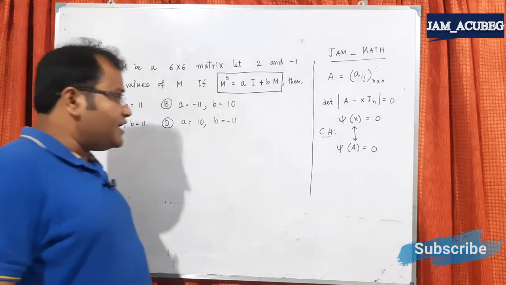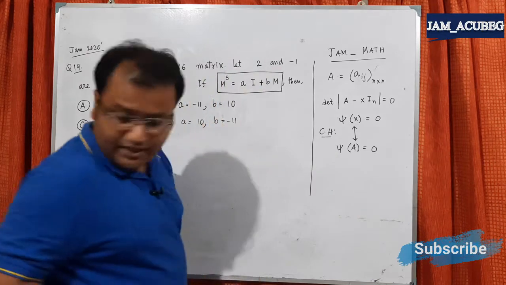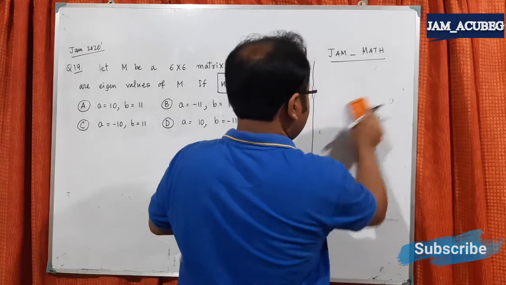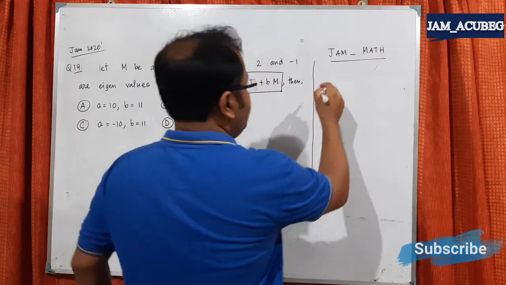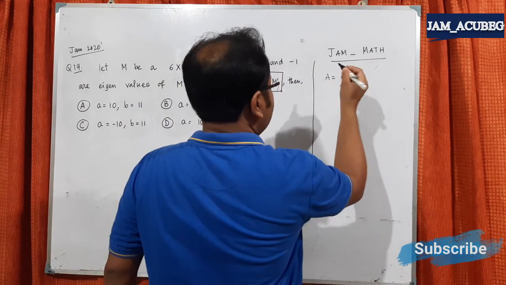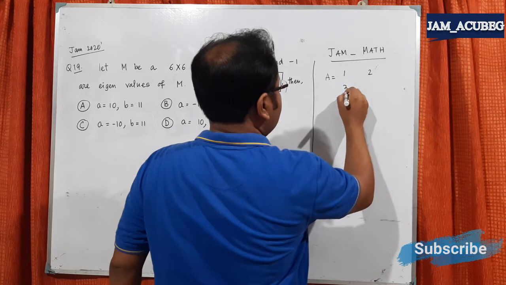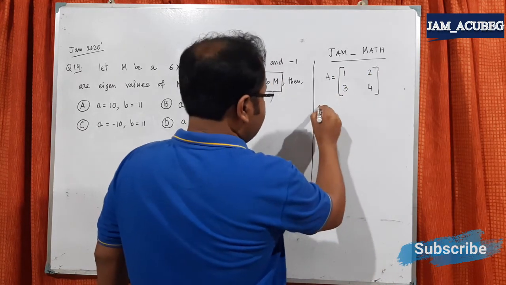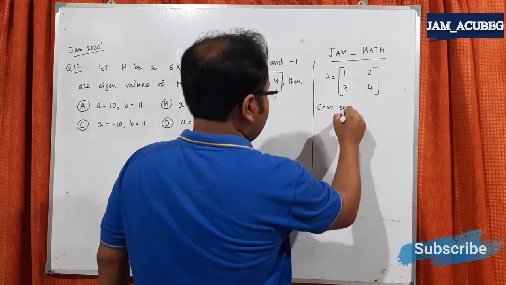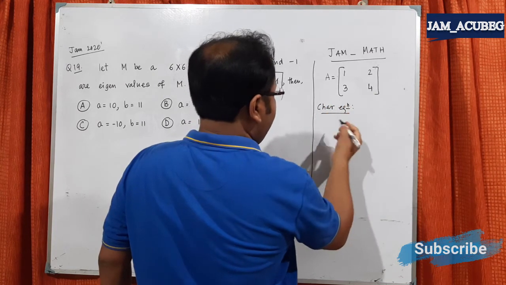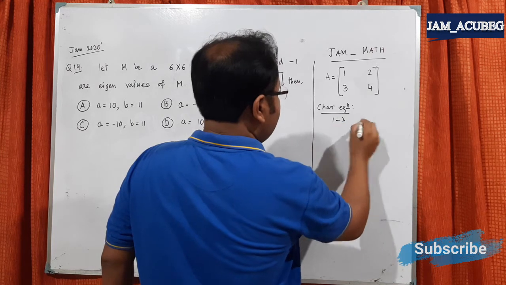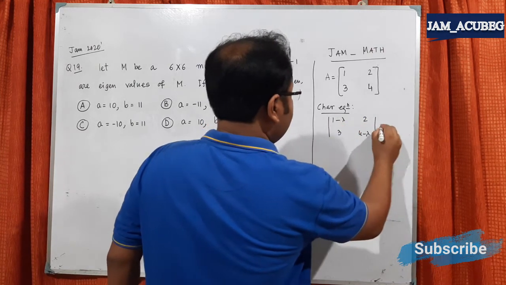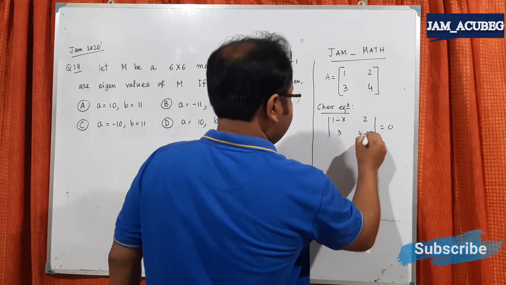Okay. Let me give a very small example. Say A equals 1, 2, 3, 4. What will be the characteristic equation? The characteristic equation will be the determinant of 1 minus lambda, 2, 3, 4 minus lambda equals 0, or you can write it with x.